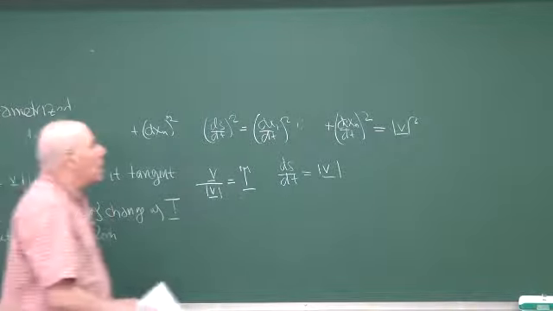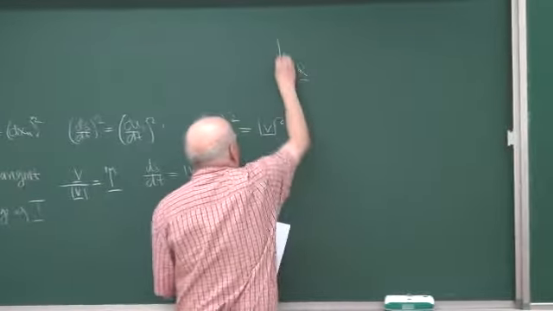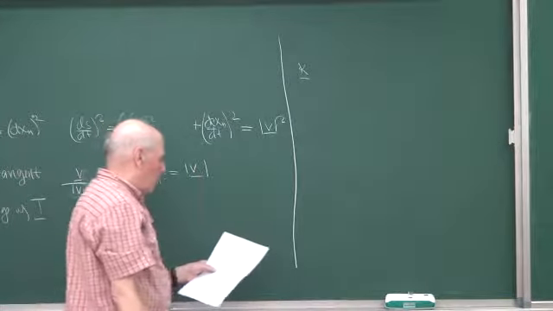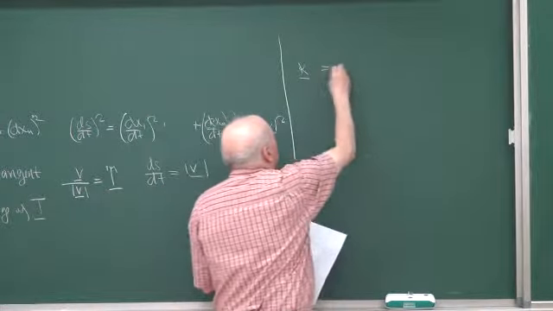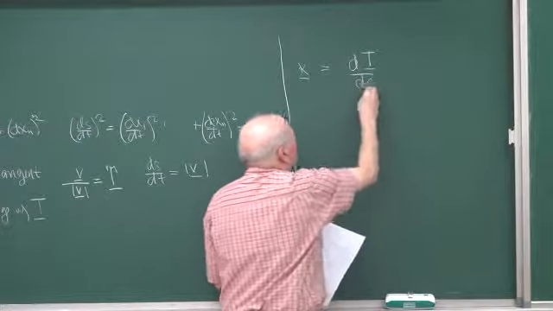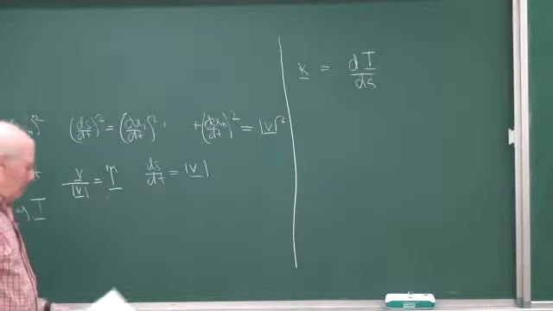Okay, so let's do the computation. So what's the curvature vector? It's the rate of change of the unit tangent with respect to arc length. So there it is, mathematically written out.